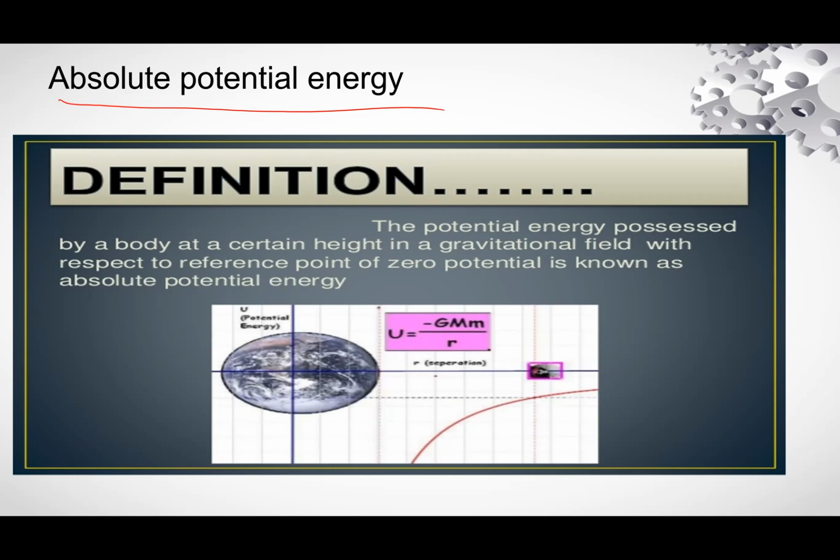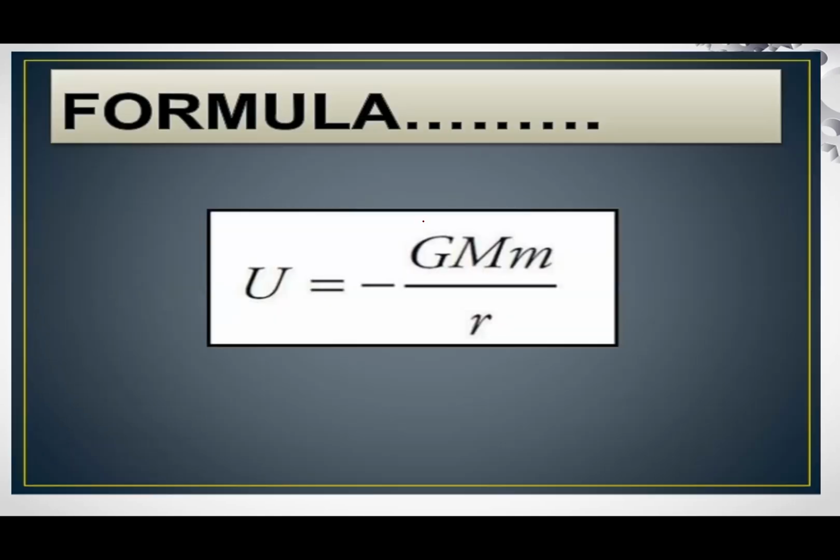Absolute potential energy is the work done. This is the easiest definition. If someone asks what absolute potential energy is, the answer is very simple: it is the work done in taking a body from the Earth's surface to a point where potential energy is zero, a point out of the gravitational field.